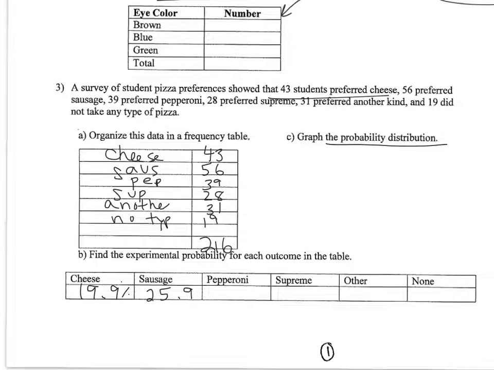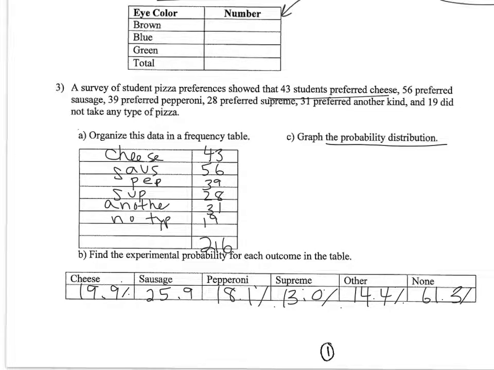Pepperoni, 39 divided by 216, 18.1%. Supreme, 28 divided by 216, 12.9, or actually round up to 13.0%. Another type is 31 divided by 216, is 14.4%. And then none was 19 divided by 31, 61.3%.